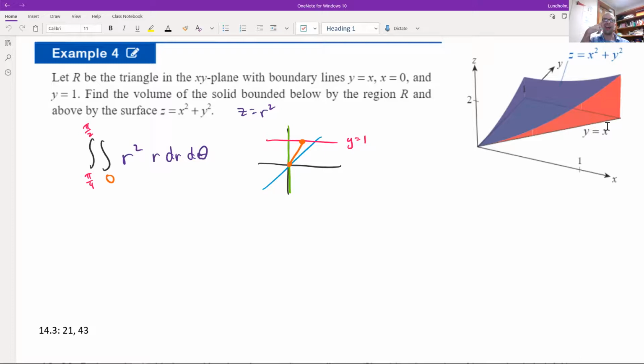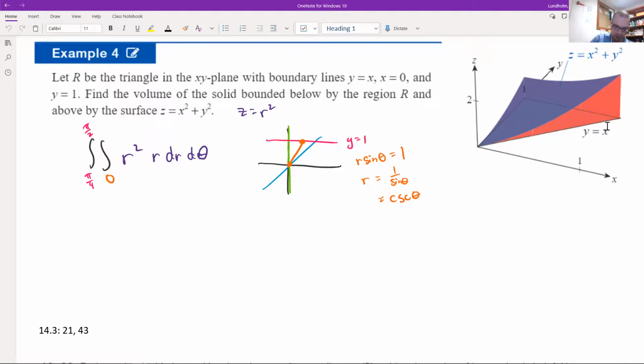Well, how can we describe that in terms of r and theta? y is equal to r sine theta. So r sine theta needs to equal 1, which means that r is equal to 1 over the sine of theta, or maybe a little bit more simply, cosecant of theta.